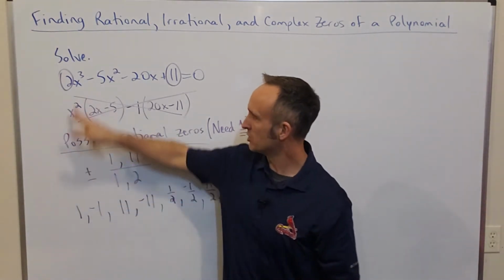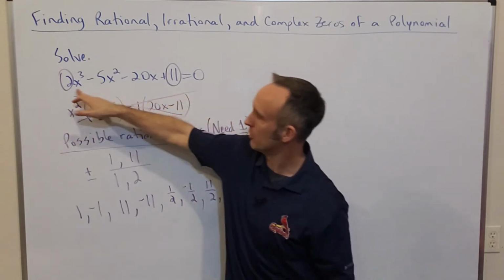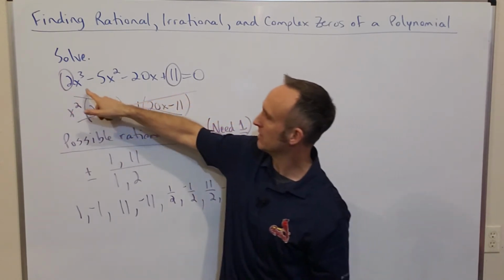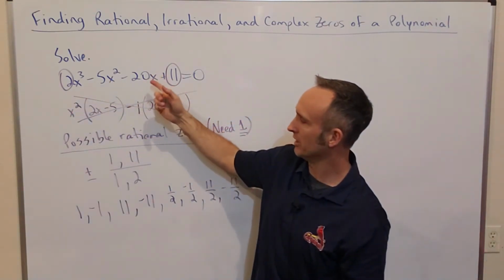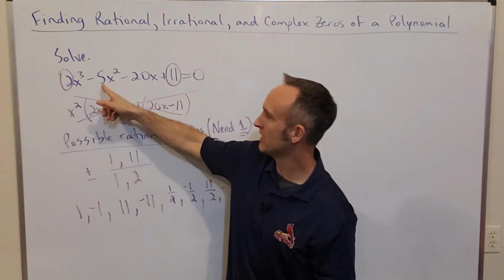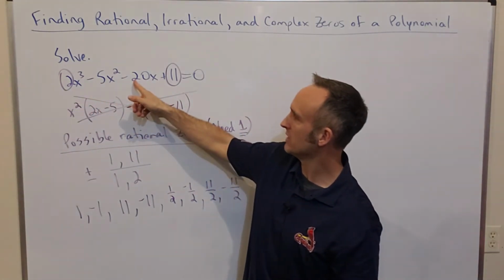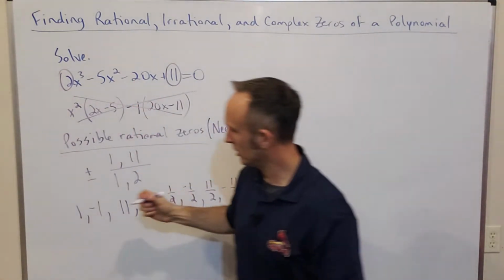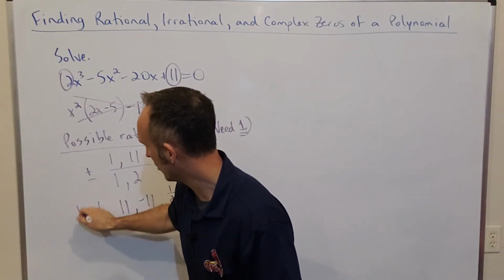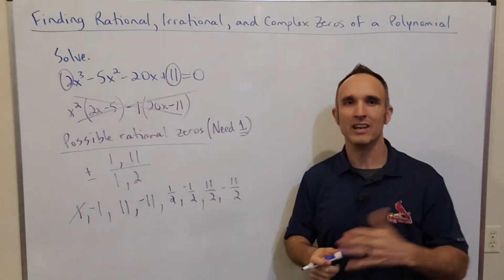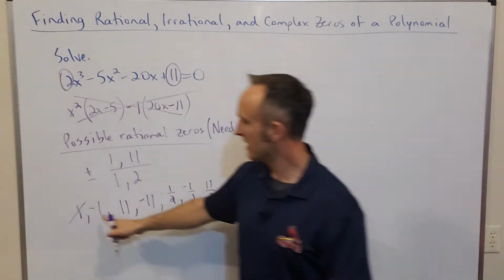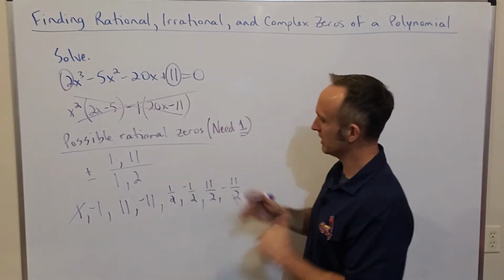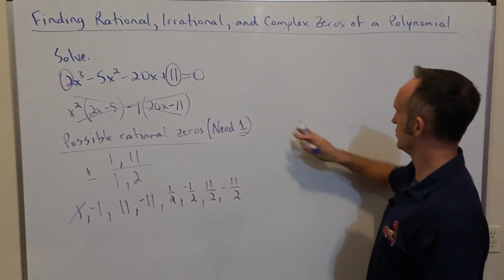Now, 1, I always like to test in my head. So 1, I just plug in and see if I get 0, right? Because I can ignore the x's when I plug in 1. So 2 minus 5 is negative 3, minus 20 is negative 23, plus 11, that's not 0. So I can go over here and I can cross 1 out because I know it's not a 0. It never will be. Now let's test negative 1. We could do it the same way, but let's go ahead and start testing with synthetic division.